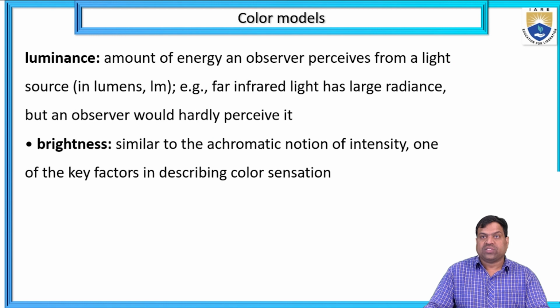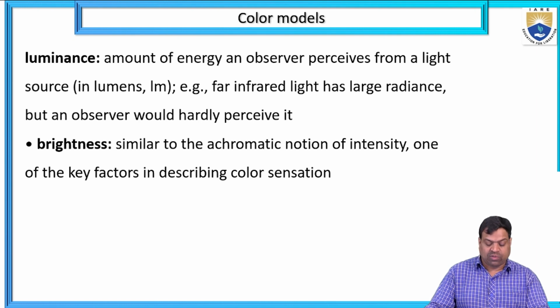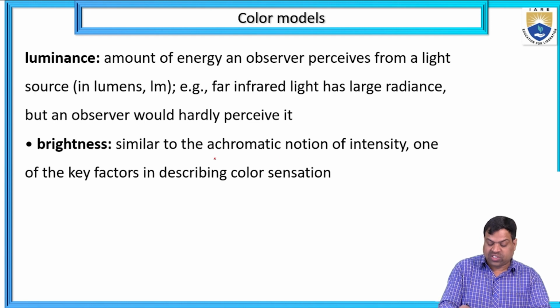Luminance is the amount of energy an observer perceives from a light source. Example, infrared light has large radiance, but an observer would hardly perceive it. And brightness is similar to the achromatic notion of intensity, one of the key factors in describing color sensation.